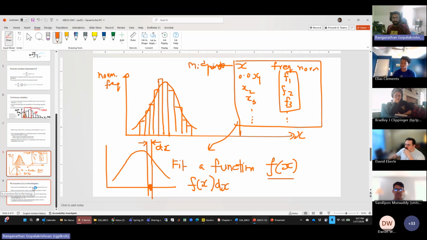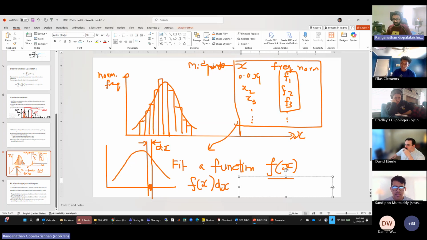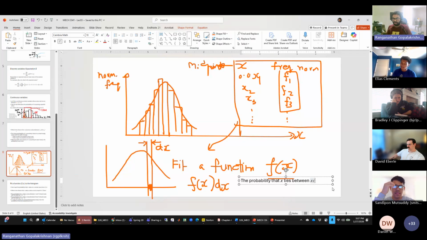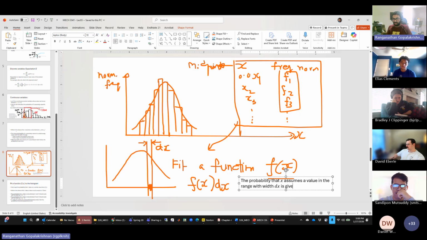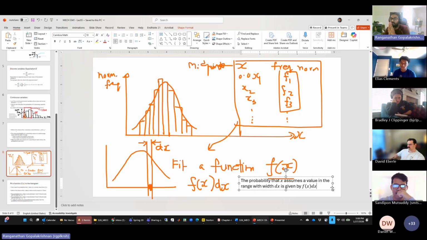That is, the probability that x assumes a value in the range with width dx is given by f of x dx. Do you agree with this statement?